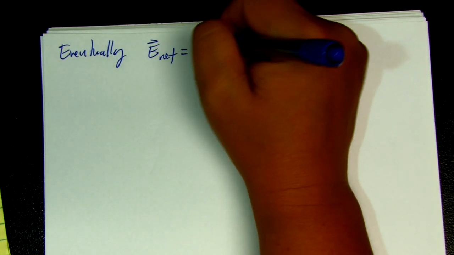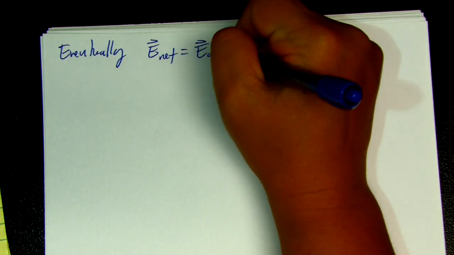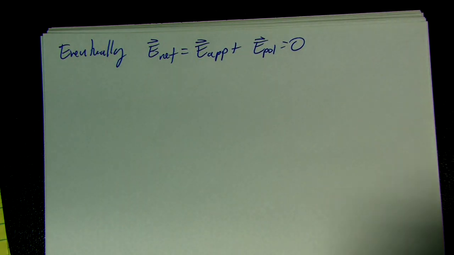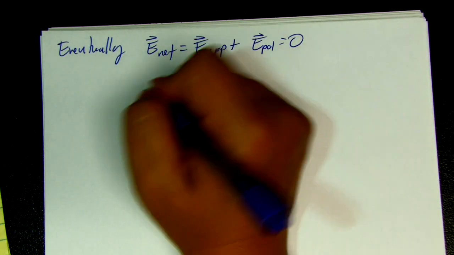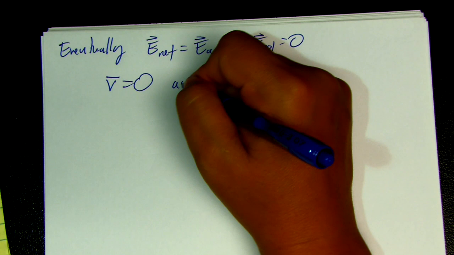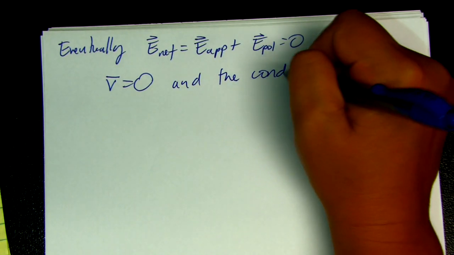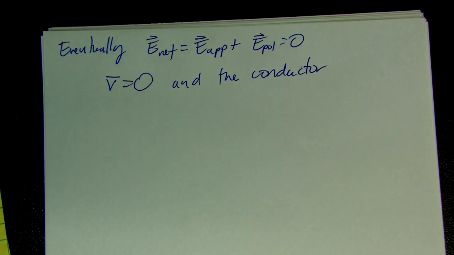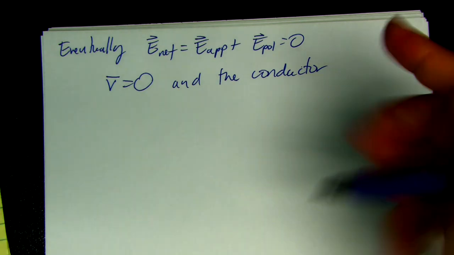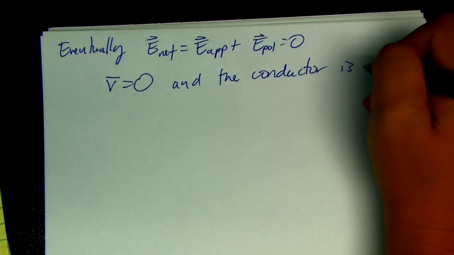And eventually, E net is going to be equal to E applied plus E polarization, which will be 0. Eventually, they're going to cancel each other out because they're in opposite directions. And in that case, v-bar is equal to 0. And the conductor is in equilibrium. And I misspoke earlier. You actually need the drift speed to be 0 to have it completely polarized. So v-bar is 0 in equilibrium.